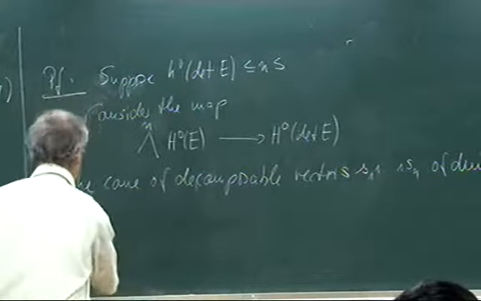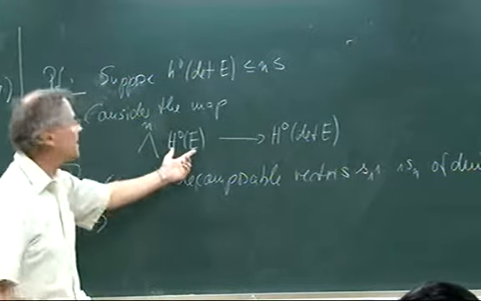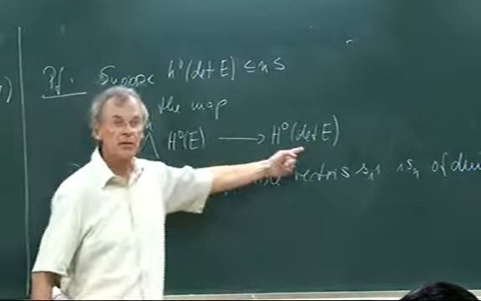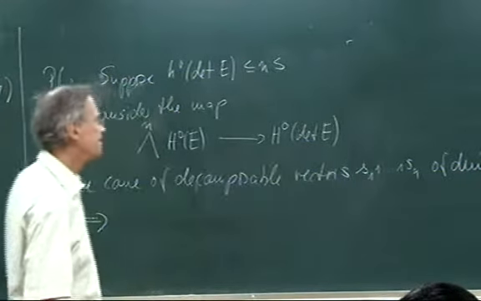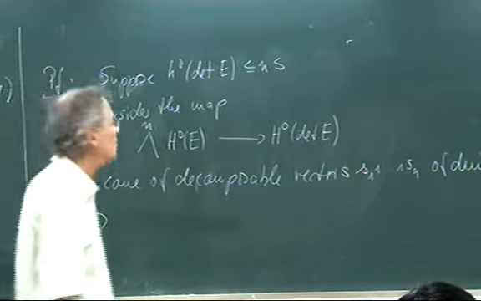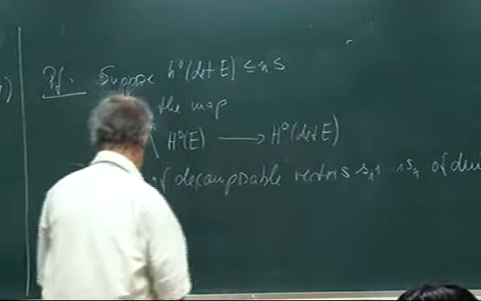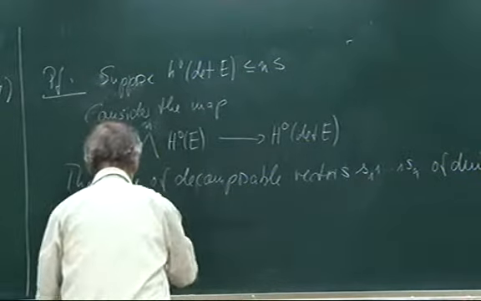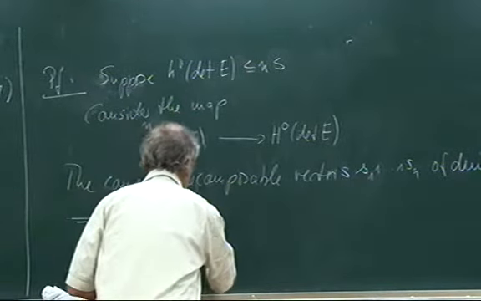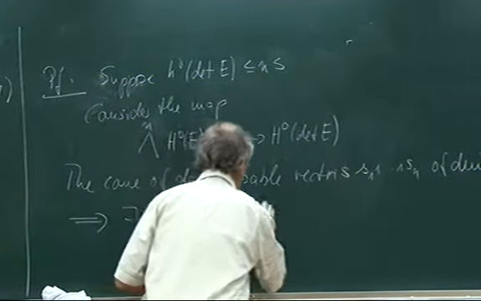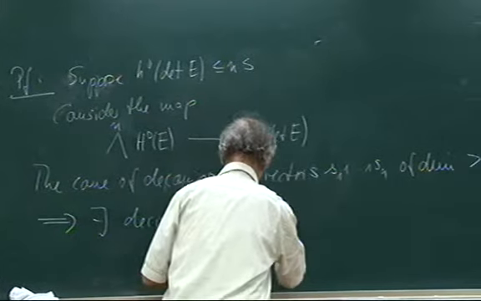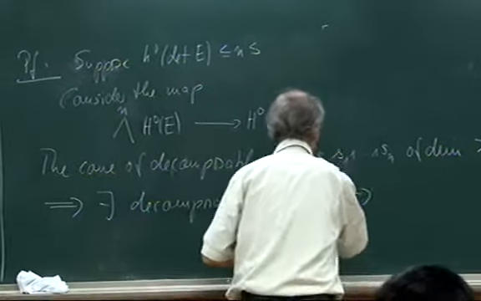Okay. This means, what does it mean? There is a decomposable vector here which goes to 0 here, right? Which goes to 0 here. Okay, so there exists a decomposable vector which goes to 0 under this map.